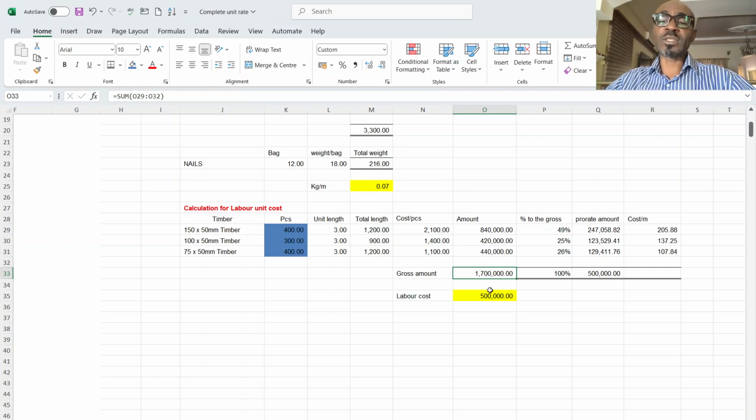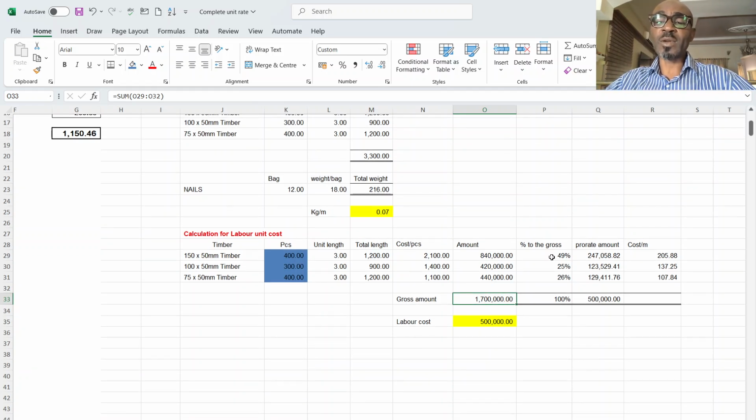Then what I did is to get the percentage of the total amount for each of those woods, because definitely the labor cost for 150 will be different from that of 100 and for 75, because you need more manpower because of the weight, and the time it will consume is more than the other two woods.